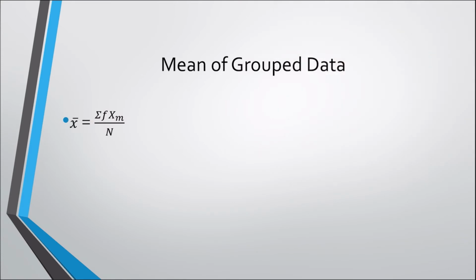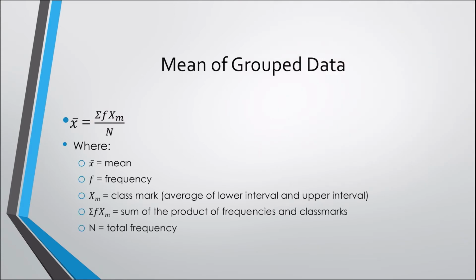symbol na yan. Ayan, wherein ito, ang ibig sabihin nito ay mean. Kapag may nakita kayong x tapos may line sa taas, yun ay mean. Next is, itong f naman, ito yung frequency. Yung frequency, kung gaano kadami yung kabilang doon sa class interval na mamaya pag-uusapan natin.